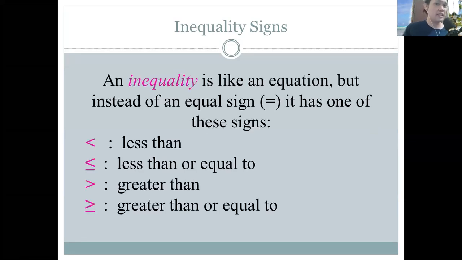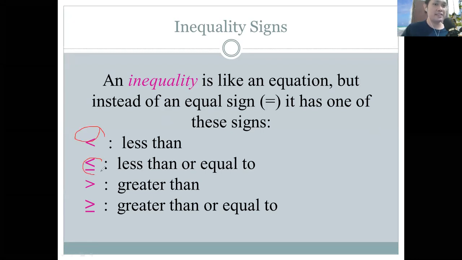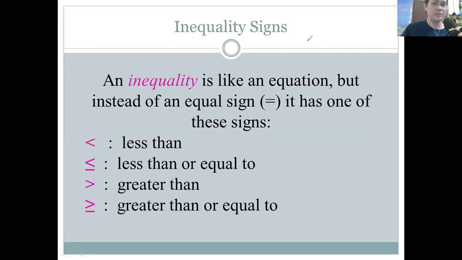An inequality is like an equation, but instead of an equal sign, we use one of these four signs: less than, less than or equal to, greater than, and greater than or equal to. Can you follow? I believe you are following now. So we use these four symbols for inequality.